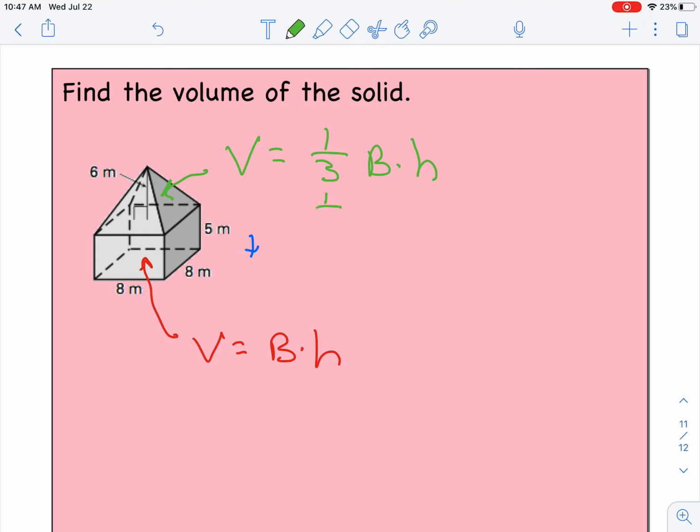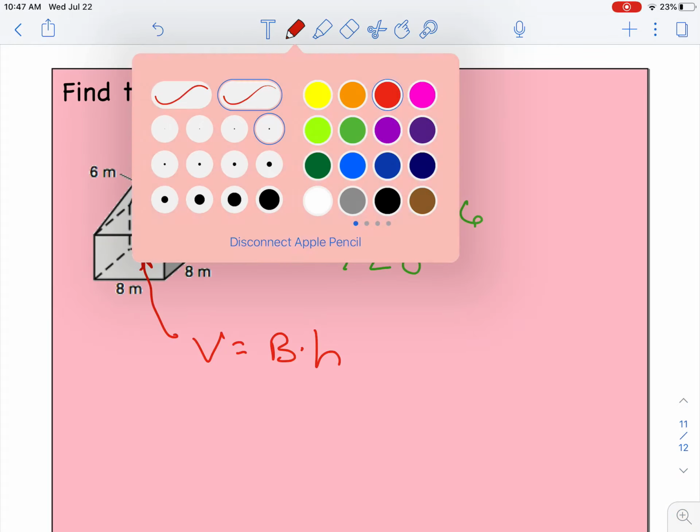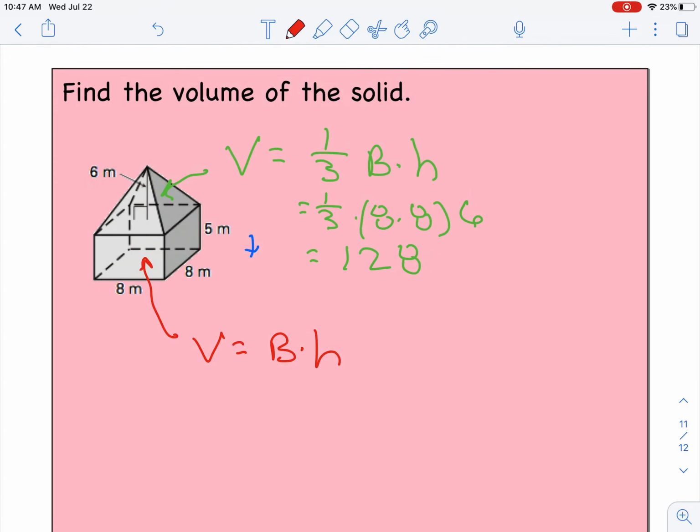So let's work on the pyramid first. We take 1/3. My base area is 8 times 8, or 64. And my height is 6. So that volume is 128. Now let's work on the prism.